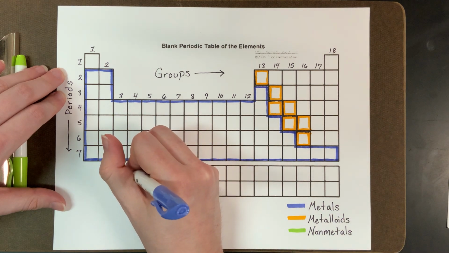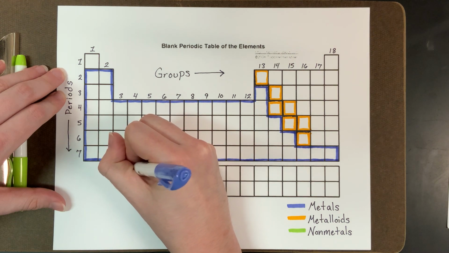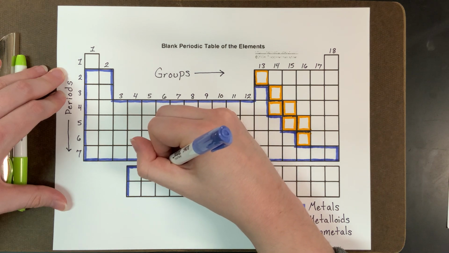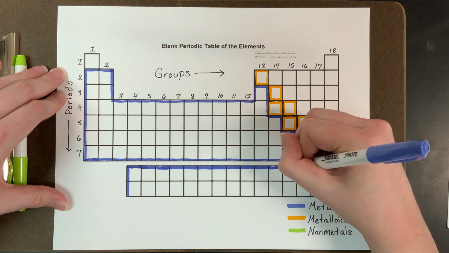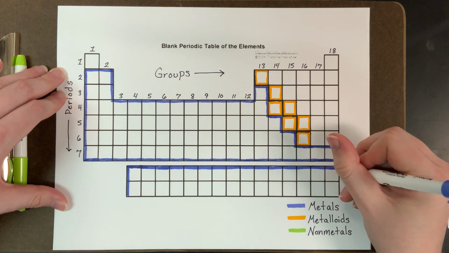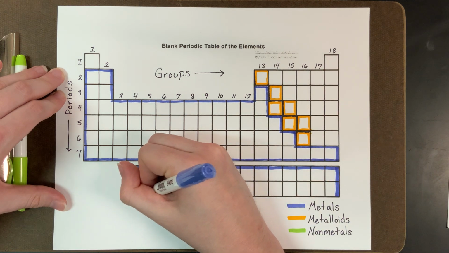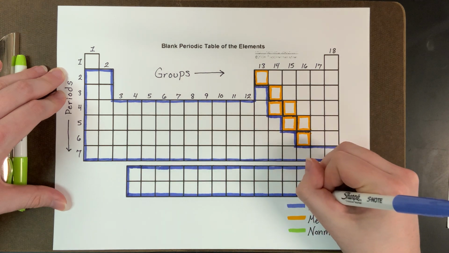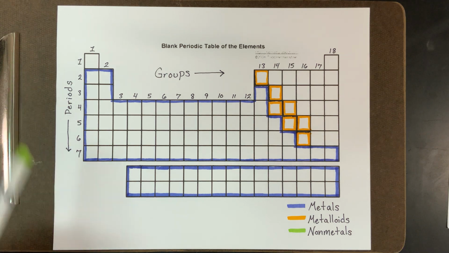And now I'm going to get the inner transition metals down here, because these are technically metals as well. Alrighty, that takes care of all of my metals, so I'm done with that color.